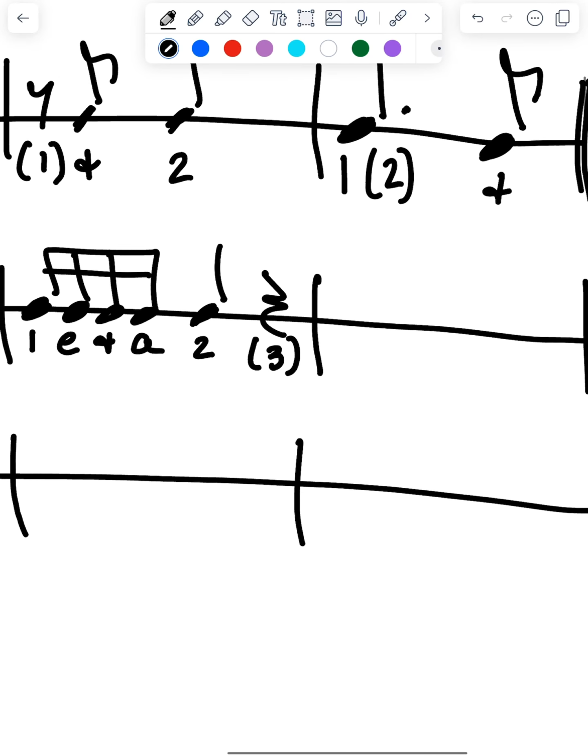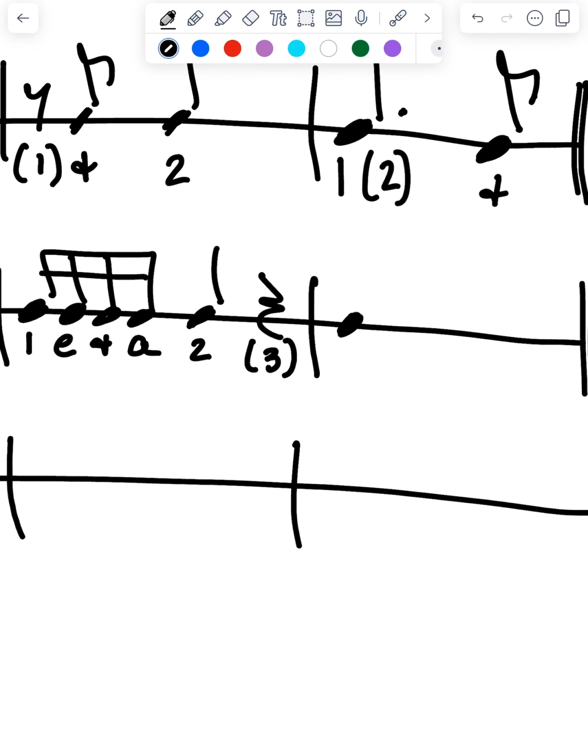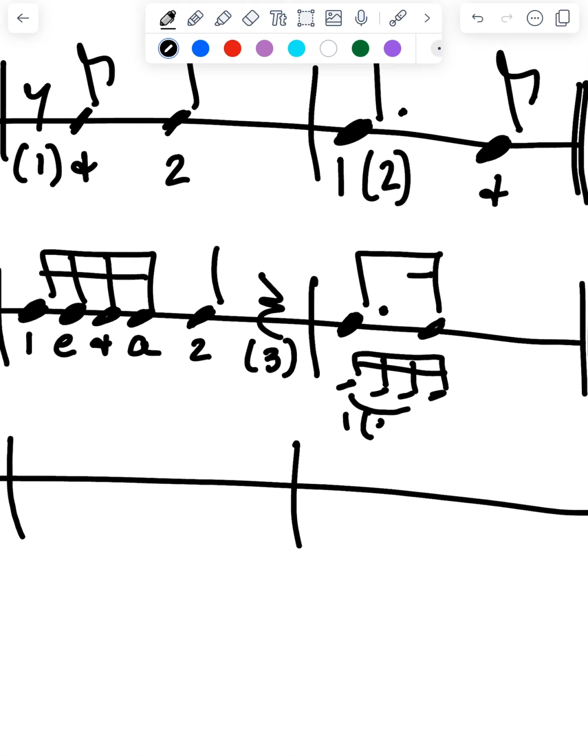Now we can also have dotted eighth and 16th note values. When we have that, it's as if we have tied together the first 3 16th notes. We would only speak the first part of that. So it's as if 1 is out, E and and are in parentheses, and we only speak the 1.